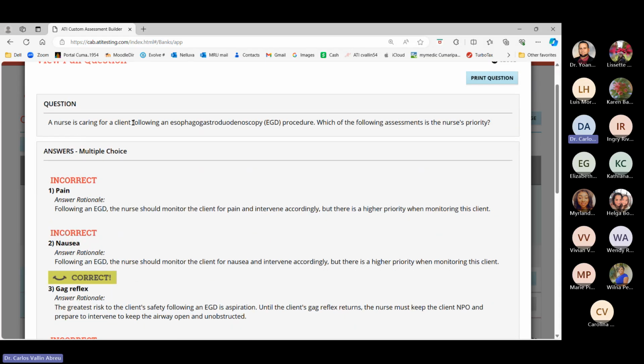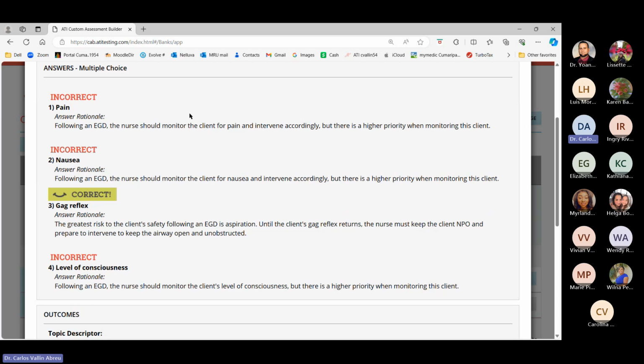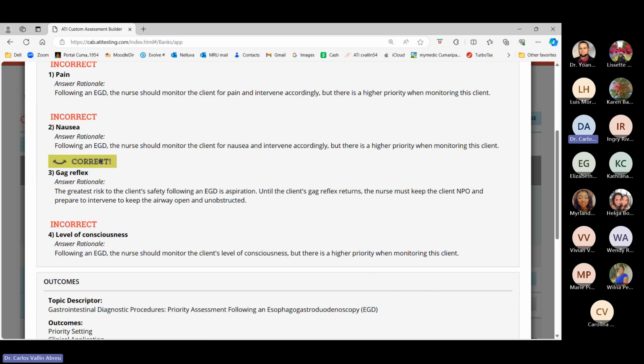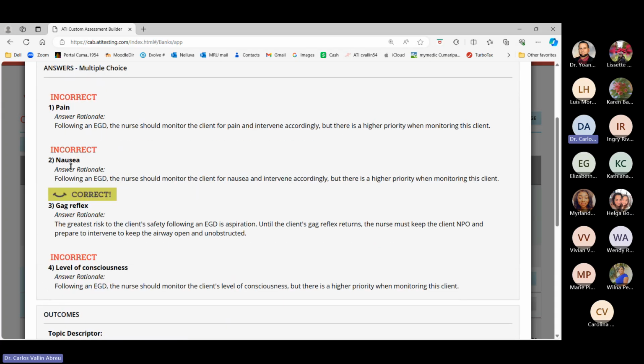A nurse is caring for a client following an esophagogastroduodenoscopy, upper GI endoscopy procedure. Which of the following assessments is the nurse's priority? After the procedure, let's see: pain, nausea, gag reflex, level of consciousness. Level of consciousness is a mild, conscious sedation that is recovered.